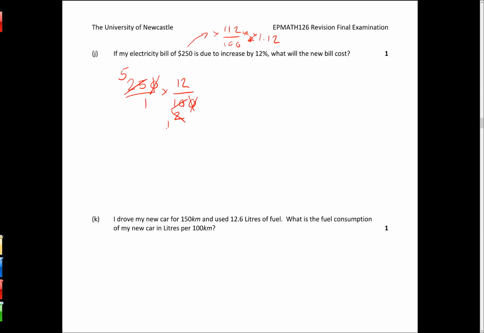I've got a single 2 in 2, and I've got 6 2s in 12. The top now says 5 by 6 is 30, and the bottom says 1 by 1 is 1. In other words, $30 is the increase. Don't forget to add it. Therefore, new bill is the 250 plus the 30 is $280. Notice I would have gotten straight to the $280 answer if I times by 112 and 100. Your call.